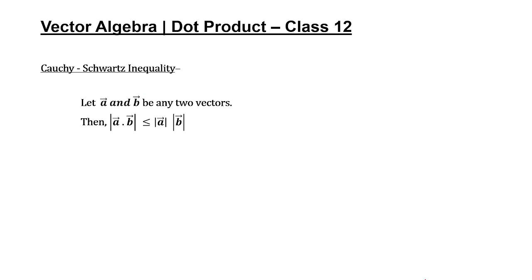Next is Cauchy-Schwarz inequality. So what is that? If A and B are two vectors, then modulus of A dot B is less than or equal to modulus of A into modulus of B. Now how to prove it?